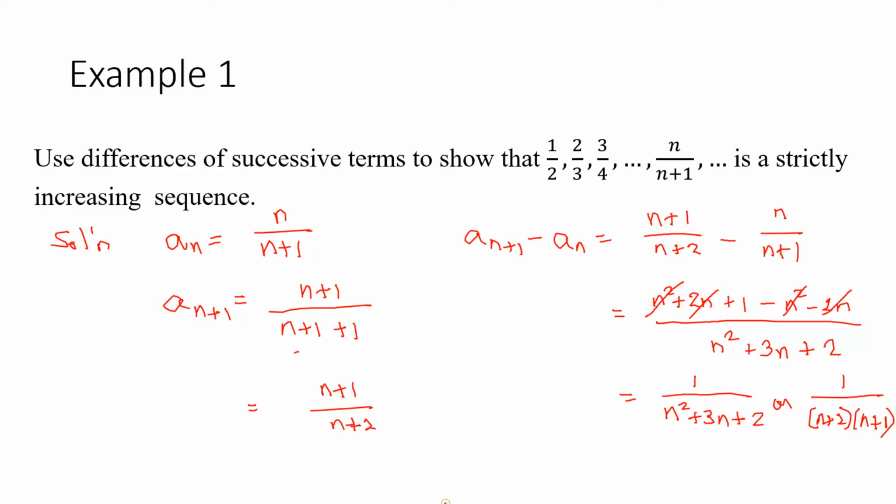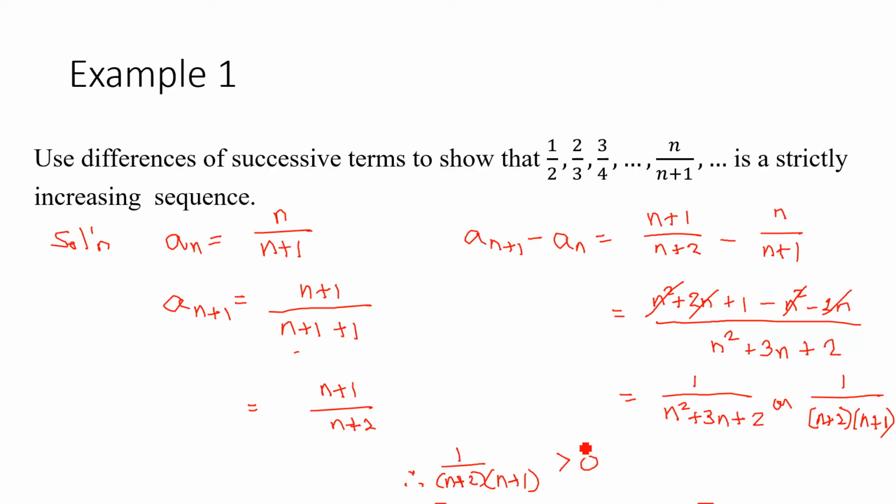Where is my cursor? Therefore, we could say that 1 over n plus 2 times n plus 1 is greater than 0.